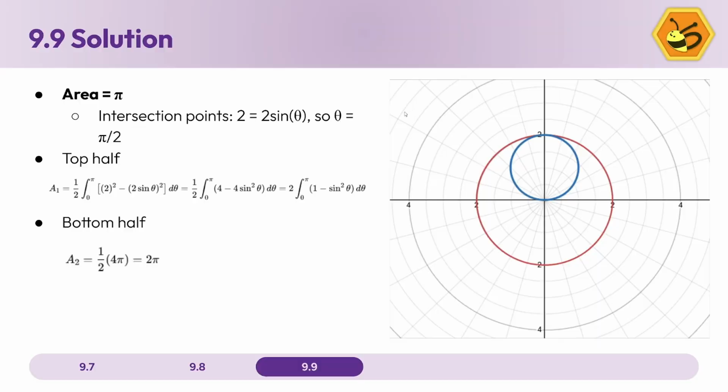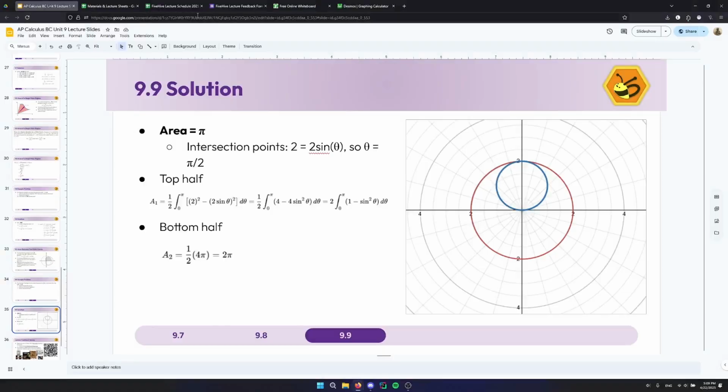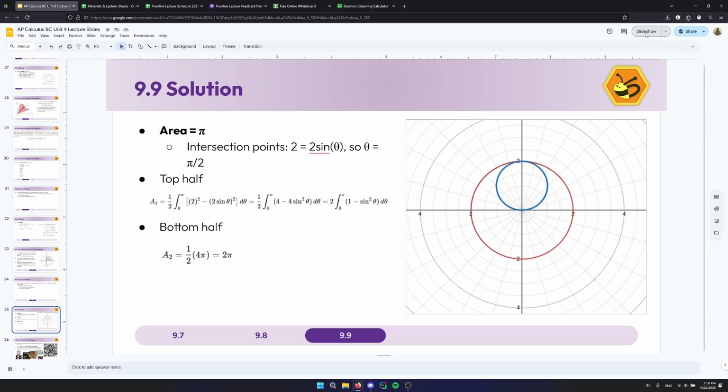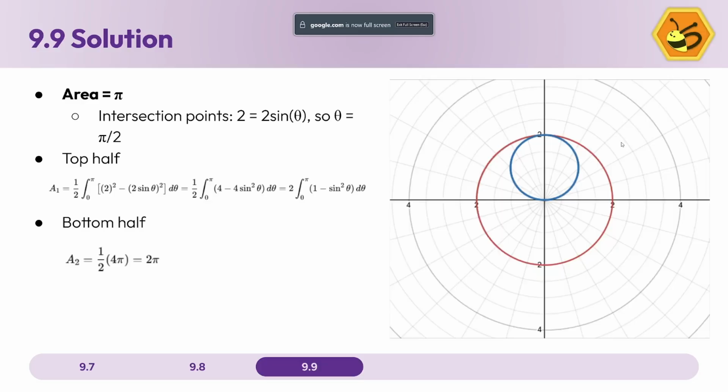But again, the times we would care about our limits of integration would be something like this, where we have multiple intersection points. So in this case, we want to be more careful with our intersection points. However, we just got a bit lucky with the problem I chose.